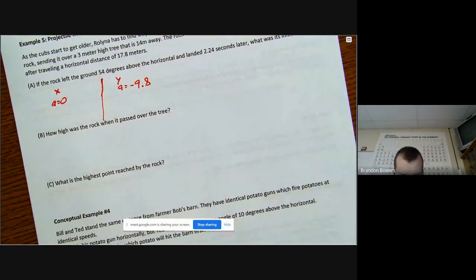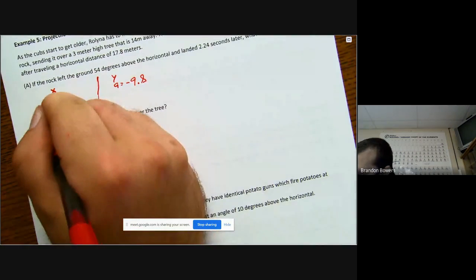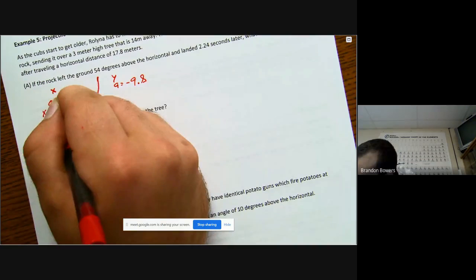Okay. Let's see, what else do they tell us? So the total distance X was kicked, the total distance or displacement was 17.8 meters. Okay. The time was given.